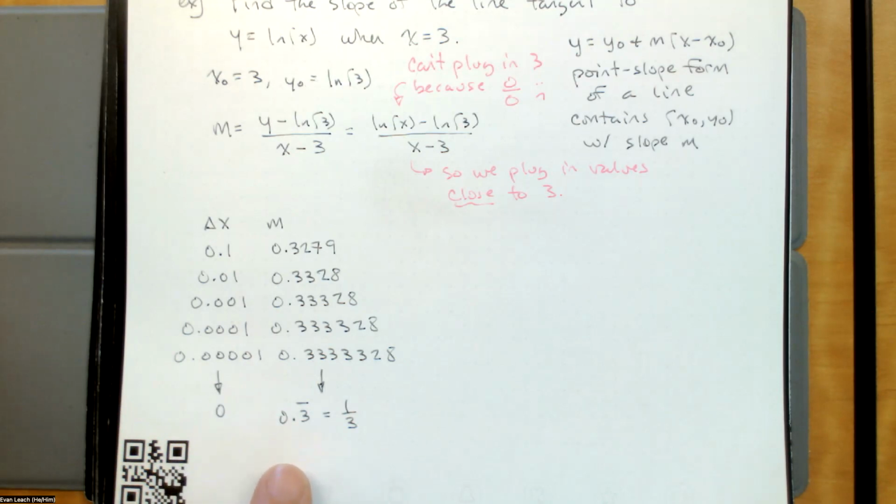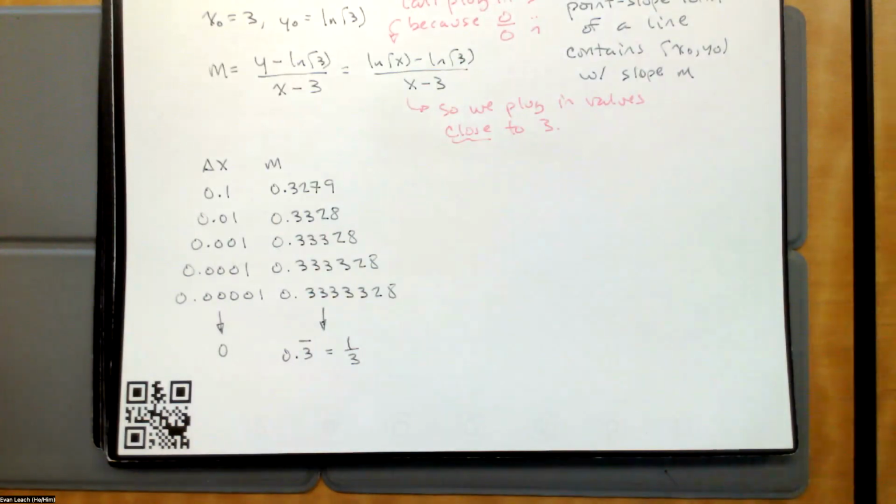This is indeterminate. But as the delta x gets close to 0, it looks like the slope is getting close to 1/3. That's what's going on here. That's how we need to phrase it to be nice and proper.